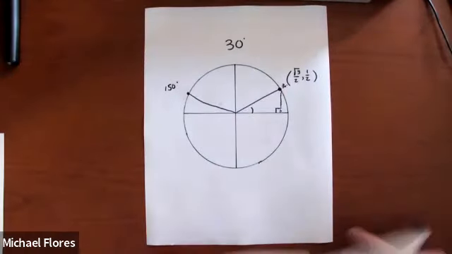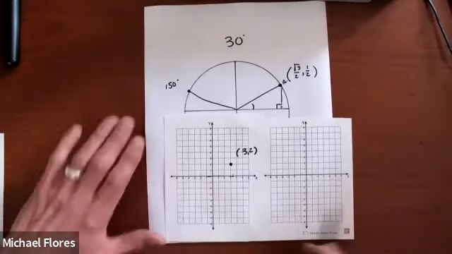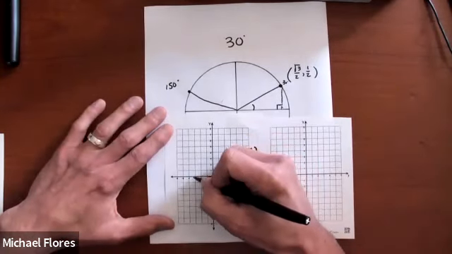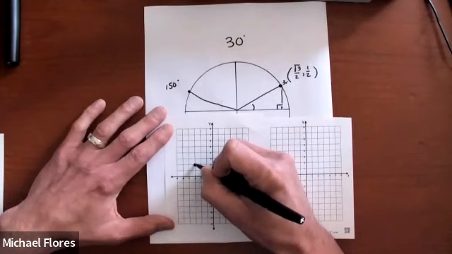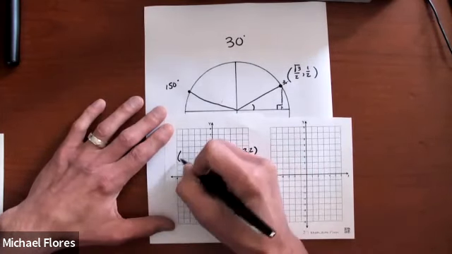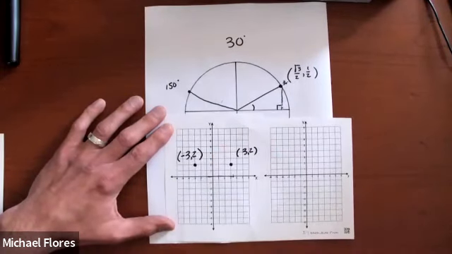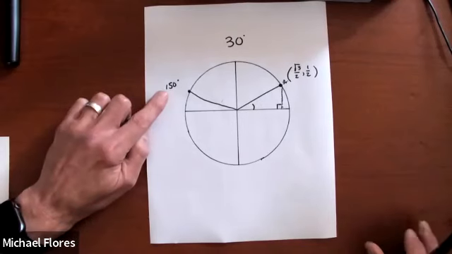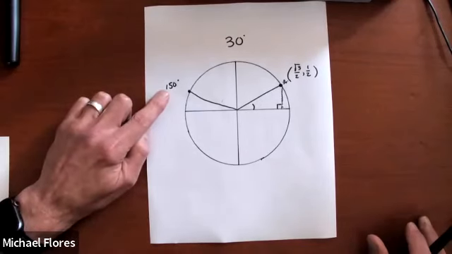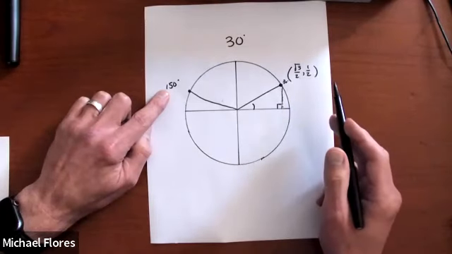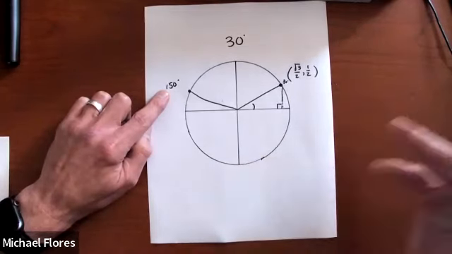Now let me go back to what I drew a little bit earlier. If I were to simply take this coordinate and reflect it over the y-axis, it would be here. This coordinate here is now -3, 2. Agree? All right. So what do you think this coordinate's going to be? Anybody? Well, if this one right here was root 3 over 2, comma what?